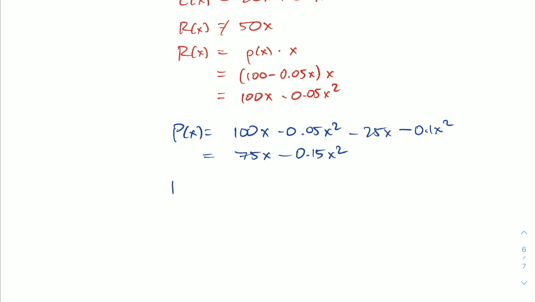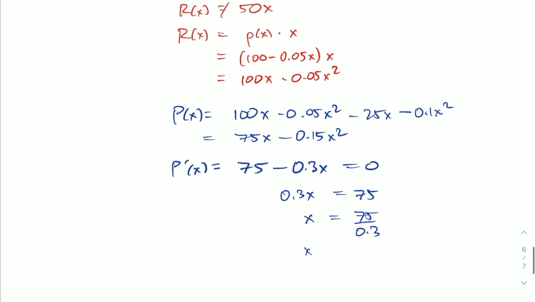So the derivative is 75 minus 0.3x, setting equal to 0, and then moving terms around until we can solve for x, and we'll get x equals 75 over 0.3, which is 250.